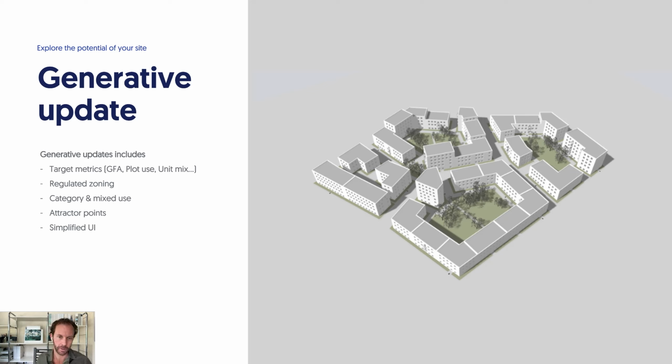Being able to say that in this part of the plot, we only want every ground story to have commercial spaces, and being able to work with attractor points to define, I want to go high here to have an emphasis, or a high rise, in this end of the site and so on. So a couple more enhancements to the generative engine in how you're able to control it and achieve the results that you want.